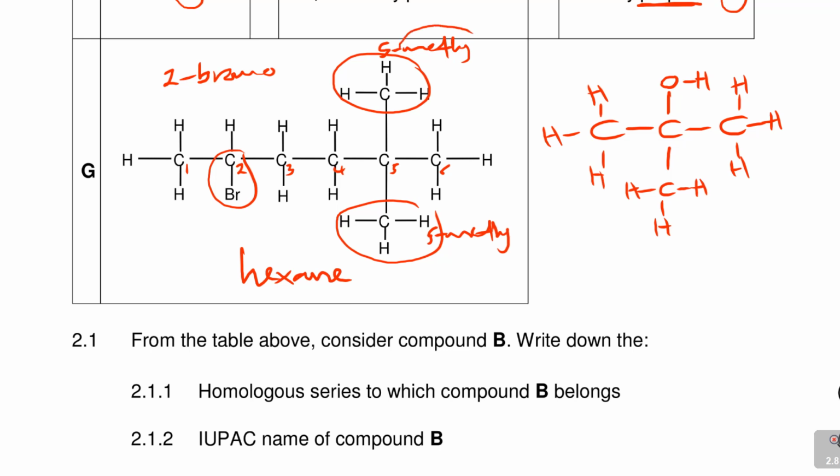Methyl, M starts after D, and bromo, B before M. So you'll have 2-bromo, no space between. Then a hyphen, because it's number and letter. In carbon number 5 there's a methyl, again in carbon number 5 there's a methyl, so 5,5, numbers and numbers, and then hyphen, remember there are 2 of them, is dimethyl.